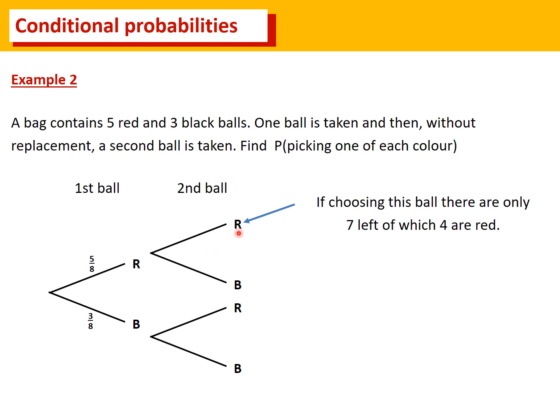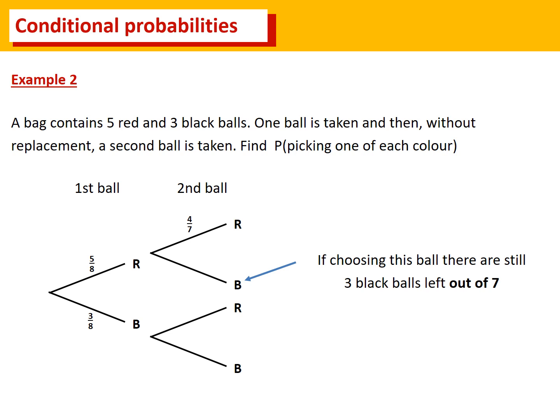So here, this is the probability of a red given that the first ball we picked without replacement was a red. And that would be 4 out of 7, because there were 5 to begin with, but if we've already picked a red out and we don't replace the ball, there are only 4 red balls left and 7 balls altogether, so that's 4 out of 7.